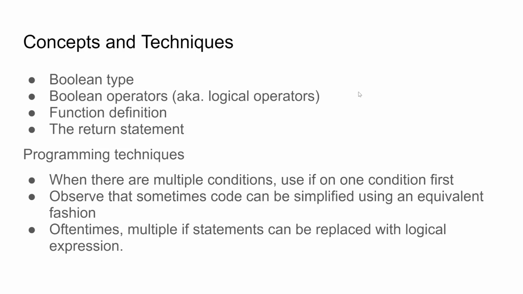You condition on one variable, then you only need to worry about the other variable inside each of the branches. And after you've written your code, you can observe that sometimes the code can be simplified by using one line instead of multiple lines. Oftentimes you can simplify things by using logical expressions instead of if statements.